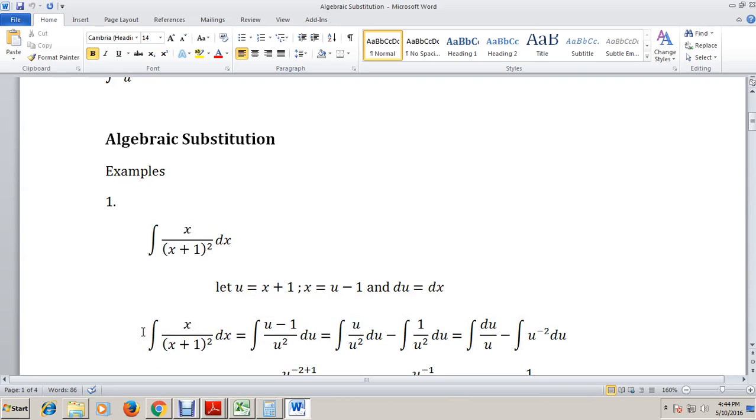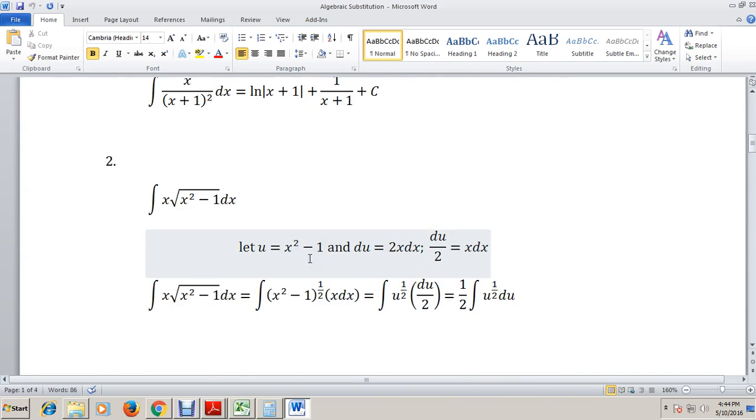Try to notice this transition. This is the original given. Notice that every x here has been represented in terms of u. So one of your guides in order to successfully make an algebraic substitution is that all of the symbols for x have been represented in terms of u. Okay, just like what we see here.